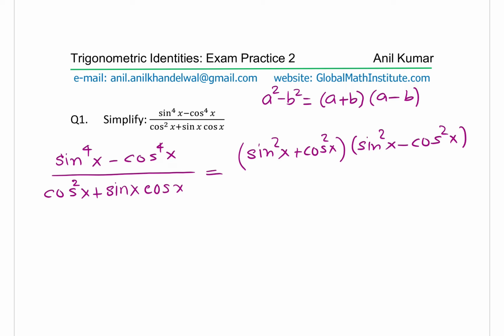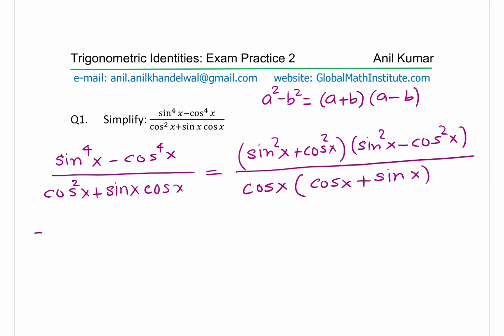Perfect. We can factor the denominator. Cosine term is common, so we have cos x as a common factor. We're left with cos x plus sin x as the other factor. Now, in the numerator, we have the term sine square x plus cos square x. What is that equal to?